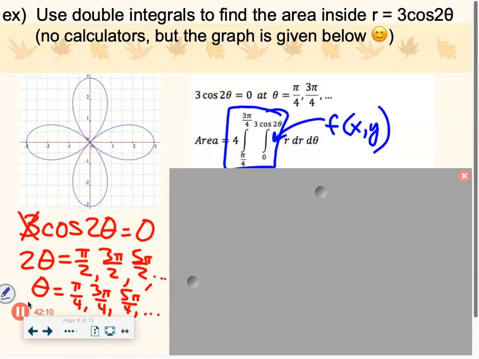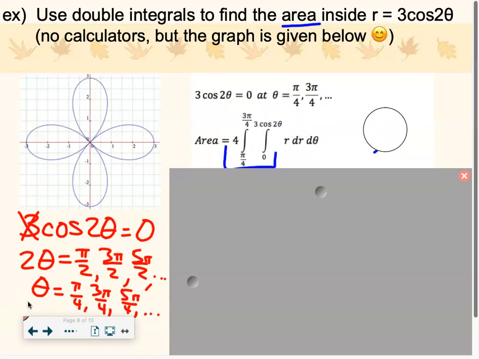If I just ask you for area, there's no area formula. There is only volume. But if your height is always a constant of 1, it's the same as the area. So when we're using double integrals to find area, you're doing the volume formula, but using a function value of 1. But it's always in polar times r dr d theta.